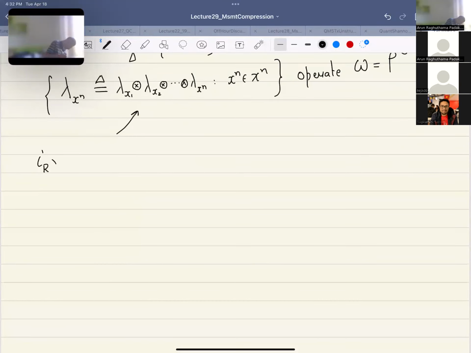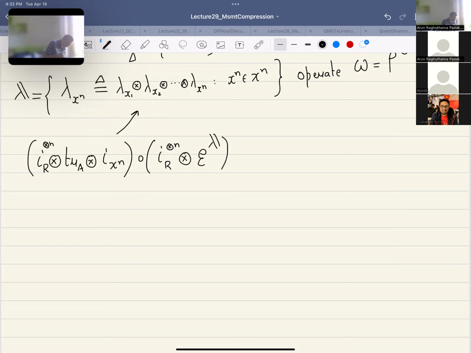So IR. So now I'm going to call this big lambda. So IR trace A, IXN, because now I have n registers coming out, operated on IR. Well, I need IR tensor n also. IR tensor n, trace E big lambda, that is n measurements, operated on phi omega. So this is rho tensor n.